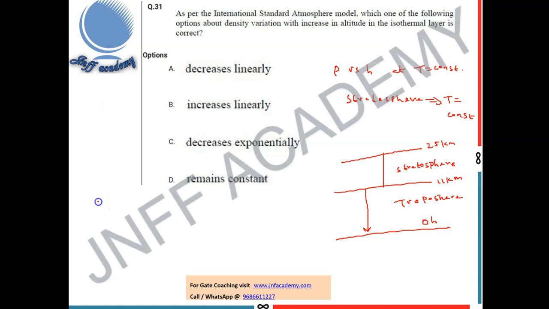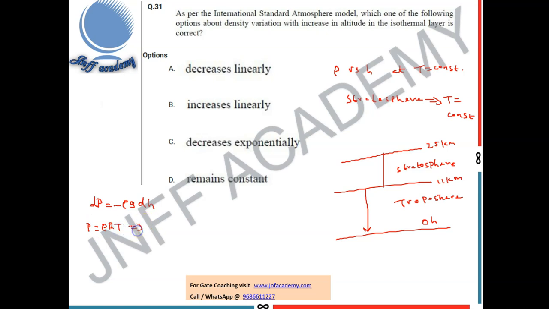So dP, the change in pressure, is equal to minus rho g dh. Now we want the density variation here. So what we have to do is, we know from the ideal gas equation P is equal to rho R T.